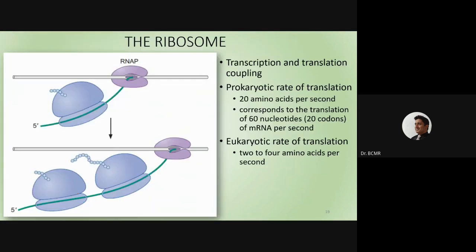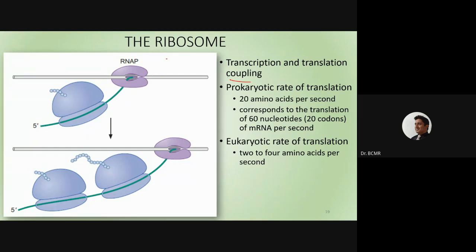So the next component is the ribosome. We all have a pretty good idea about it in a way. First thing is, where does the translation occur? It happens in the cytoplasm, whether in bacteria, in eukaryotes or in prokaryotes. Because in prokaryotes you do not have the nuclear membrane, transcription, replication, everything also happens within the cytoplasm.